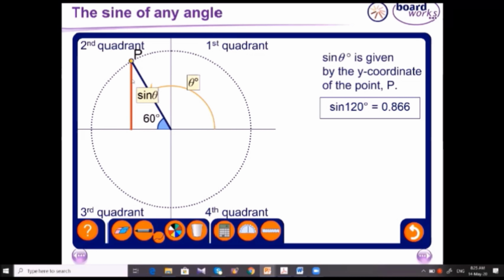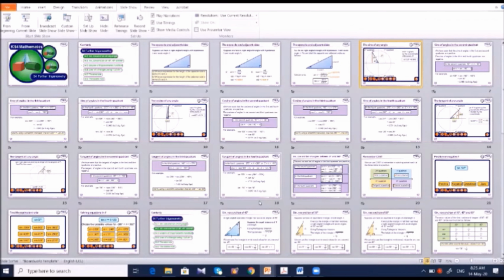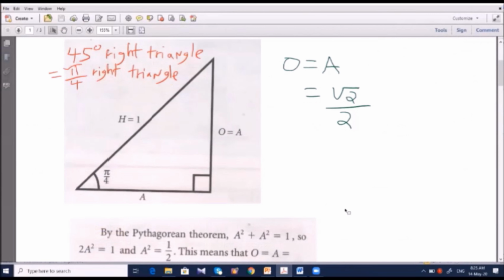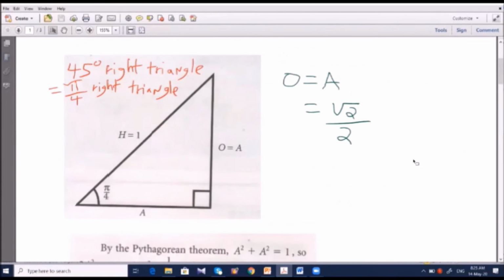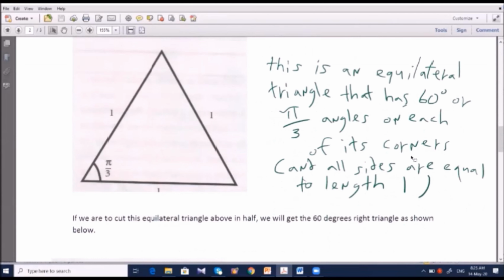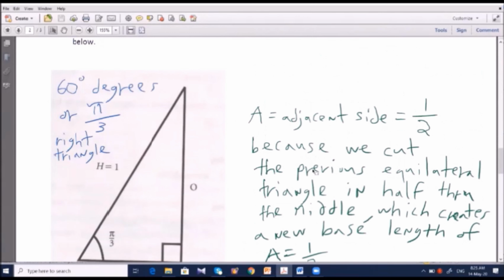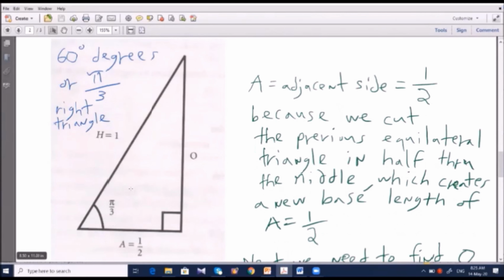So what is the height of my red line? Well, this is a 60-degree right triangle, and like I showed you in the notes way back when, let's go to a 60-degree right triangle. This is 60 degrees here, and the hypotenuse is 1.